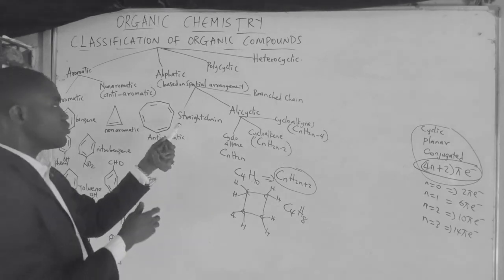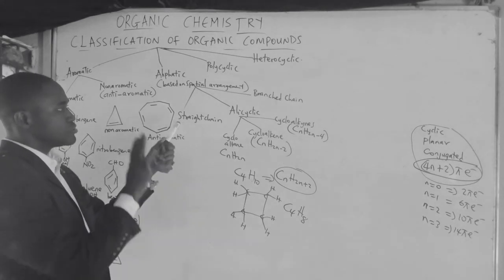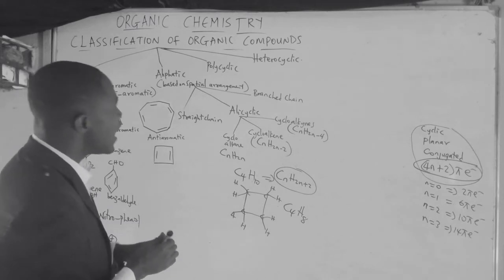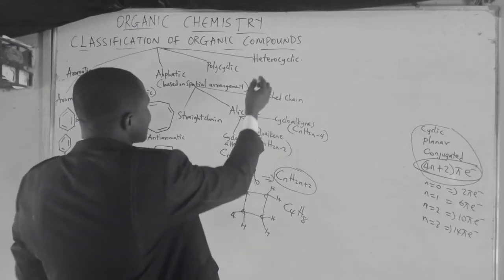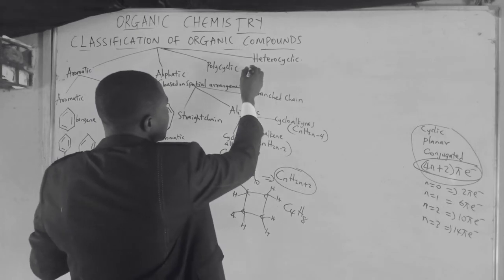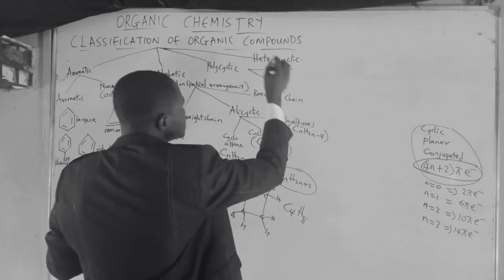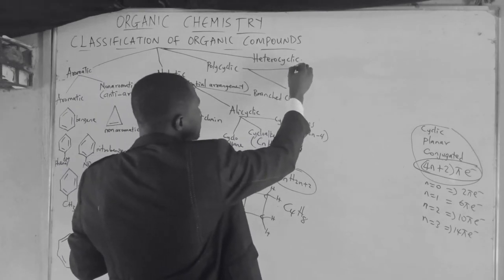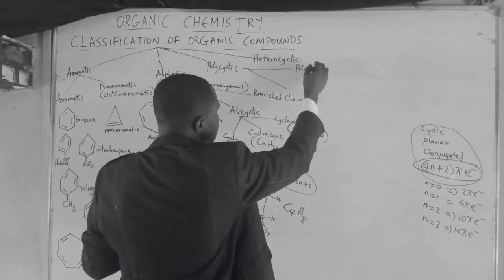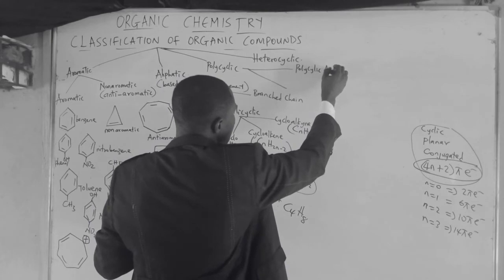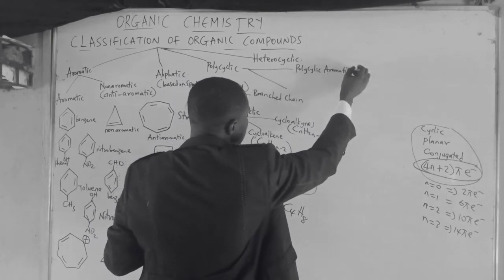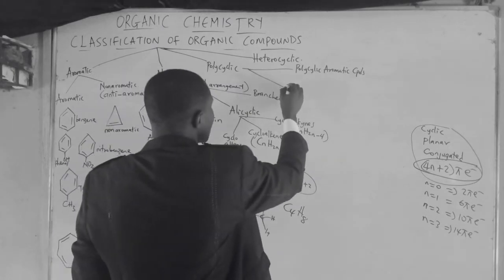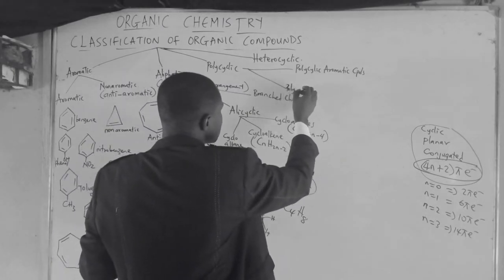So it can be with single bond, double bond, and triple bond, etc. Then when we talk about polycyclic compounds, it's divided into two. Polycyclic aromatic compounds and also polycyclic non-aromatic compounds.